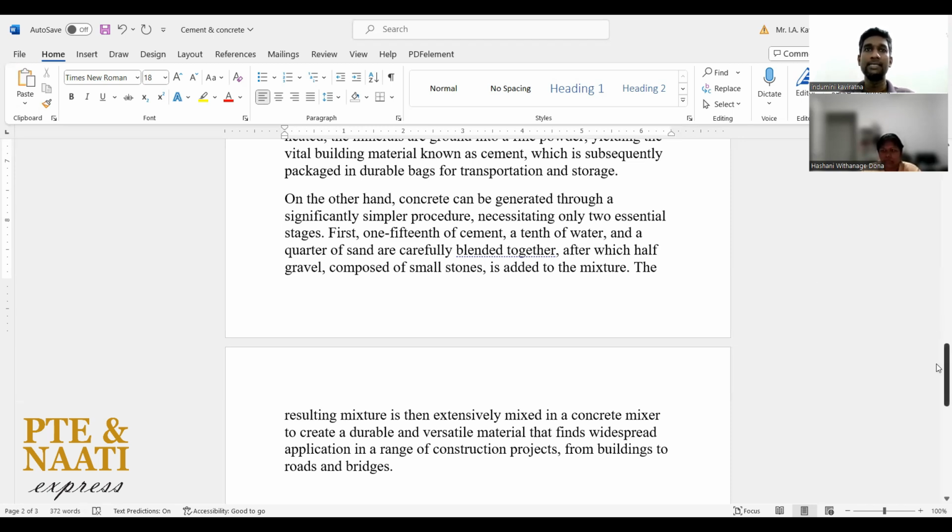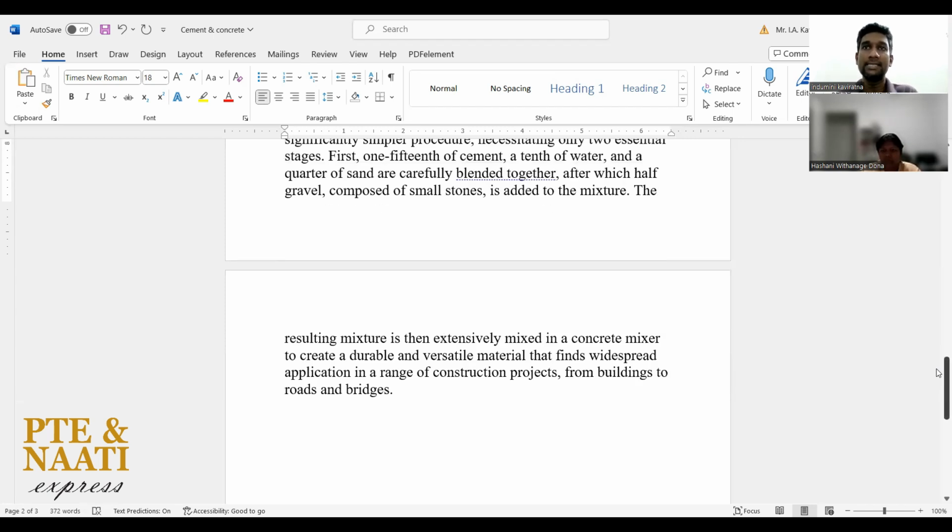The resulting mixture is then extensively mixed in a concrete mixer to create a durable and versatile material that finds widespread application in a range of construction projects, from buildings to roads and bridges.